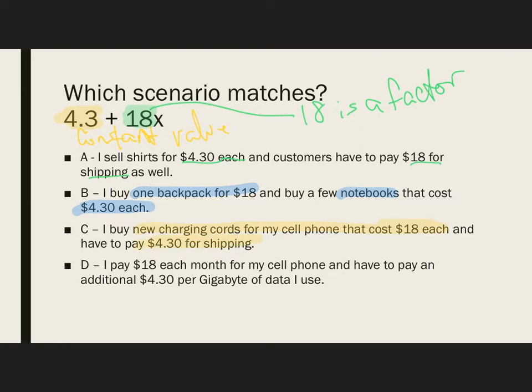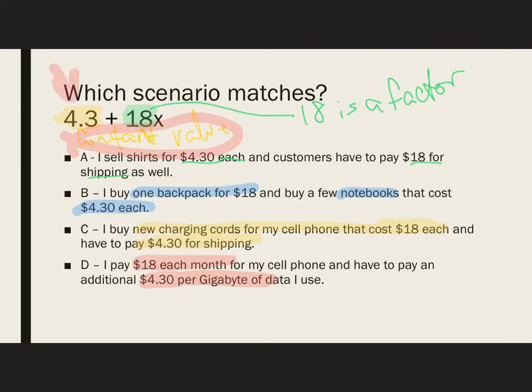And finally, D, I pay $18 each month for my cell phone and pay an additional $4.30 per gigabyte of data that I use. So, let's think about this. Which one of these has a constant value of 4.3?